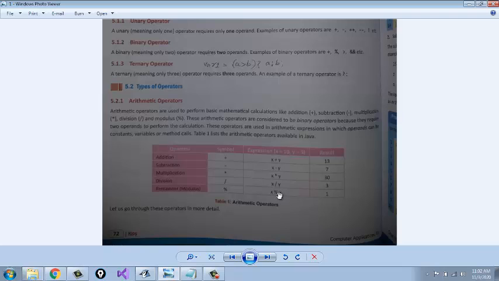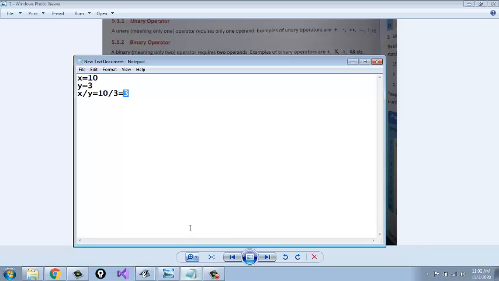Then 10 modulo 3 will be 1. How did we get 1? Because here we are taking the remainder. We know that 3 multiplied by 3 will be 9. So 10 minus 9 will be 1. What is this 1? That 1 is the remainder, isn't it?